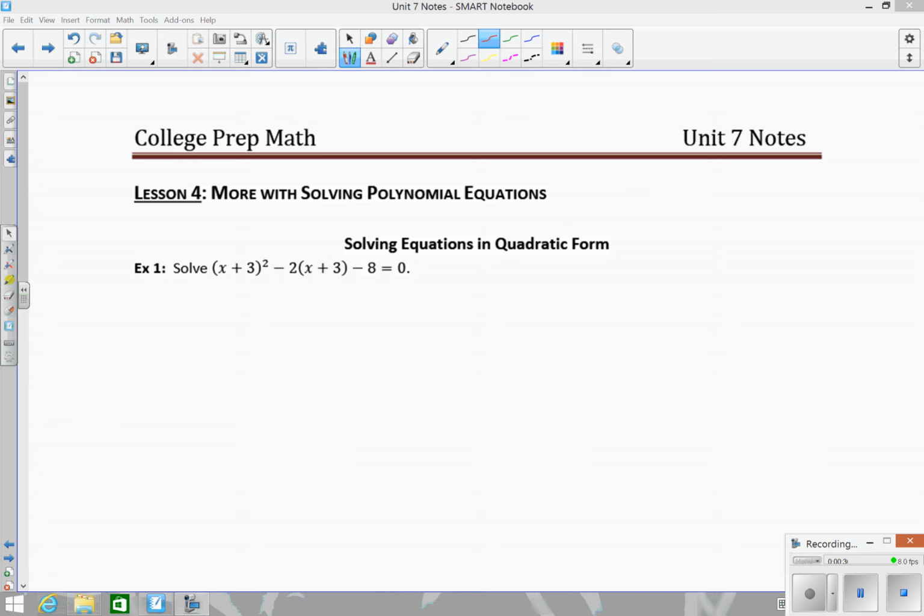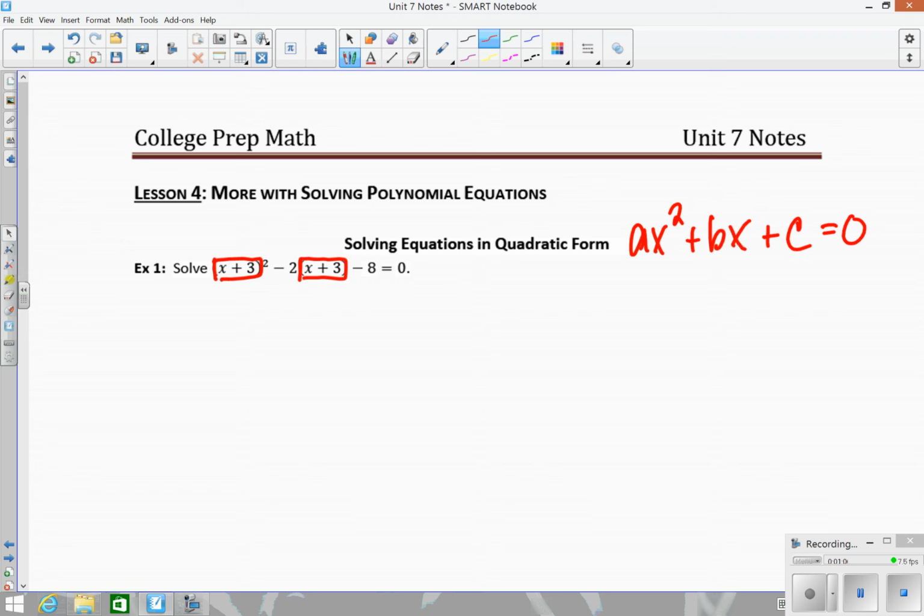So the first section here is going to be solving equations in quadratic form, meaning these equations are in the form ax squared plus bx plus c equals 0. Now if you look at this first example though, instead of just having an x squared, you have this (x plus 3) quantity squared minus 2 times that same quantity minus 8 equals 0.